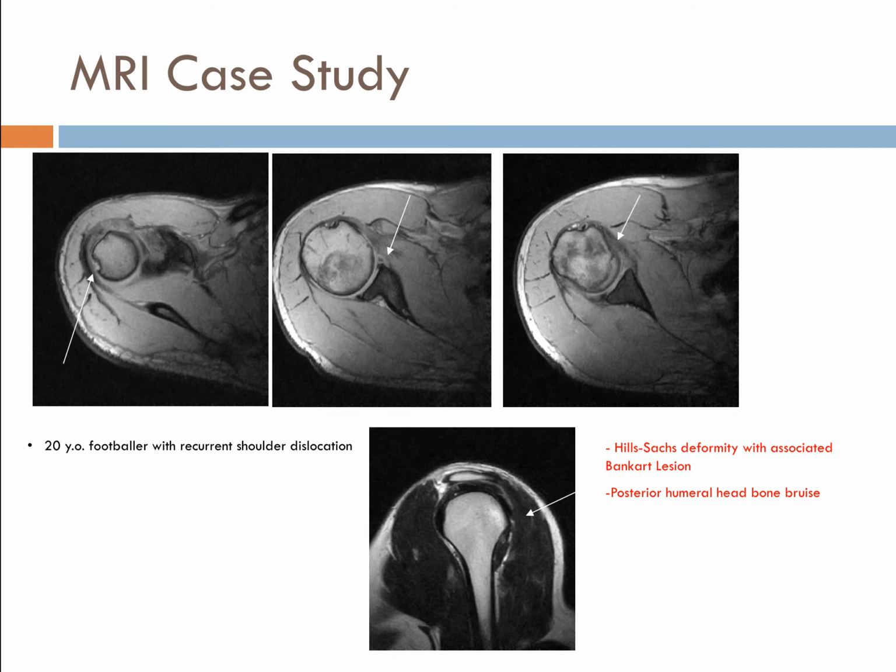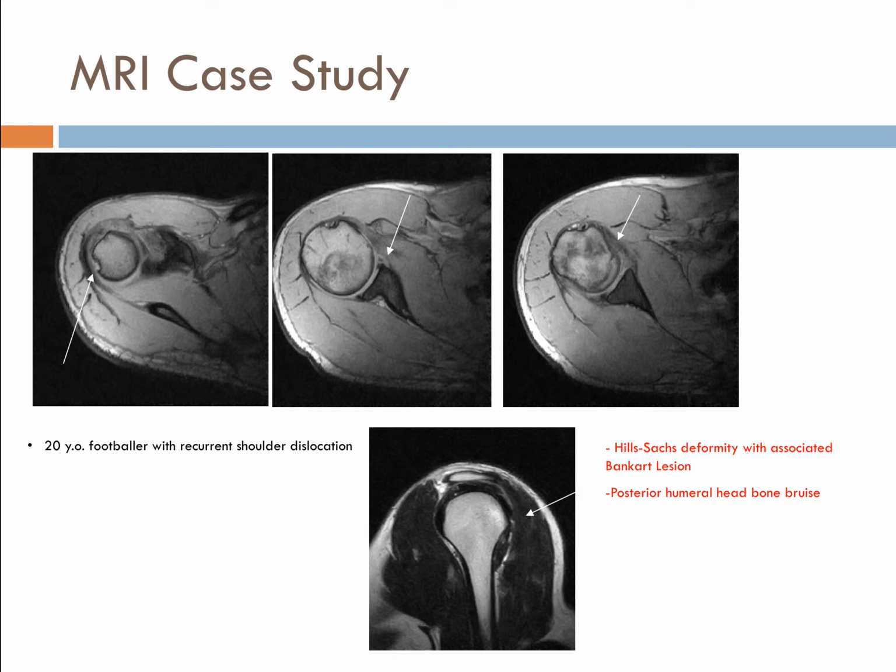This is another person with a recurrent shoulder dislocation. You can see a Hill-Sachs defect. You can see the humeral head itself. Once again, it should be consistent. There are differences within the trabeculae, and of course there are vessels that feed it that will show up. But especially on the right-hand side, near the Bankart lesion, you can see the inconsistencies within the bone itself.